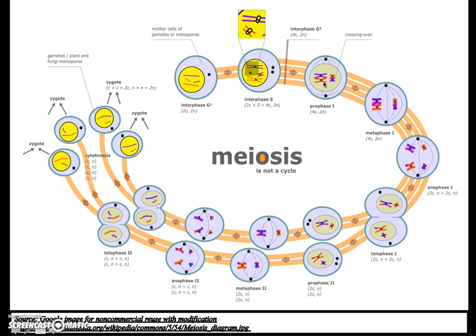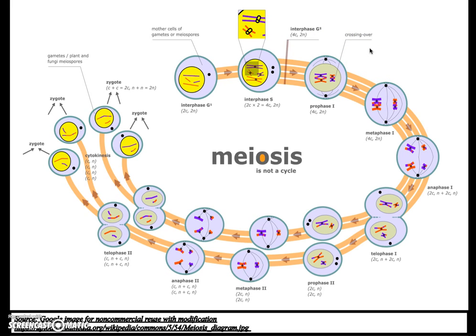At prophase 1, centrosome movement, spindle formation, and nuclear envelope breakdown happen, just like in mitosis. Chromosomes condense progressively throughout prophase 1, and during the early phase of prophase 1, crossing over happens. It might or might not happen, but most likely will.